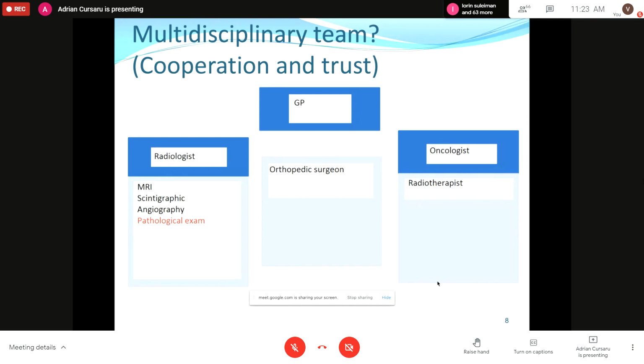It is very important to talk with the radiologist and to make some investigations after the surgery. Sometimes we need to make some types of investigations immediately, before the surgery. The oncologist, the radiotherapist, it is very important to speak with them and to form a team to make a correct diagnosis and a correct treatment.